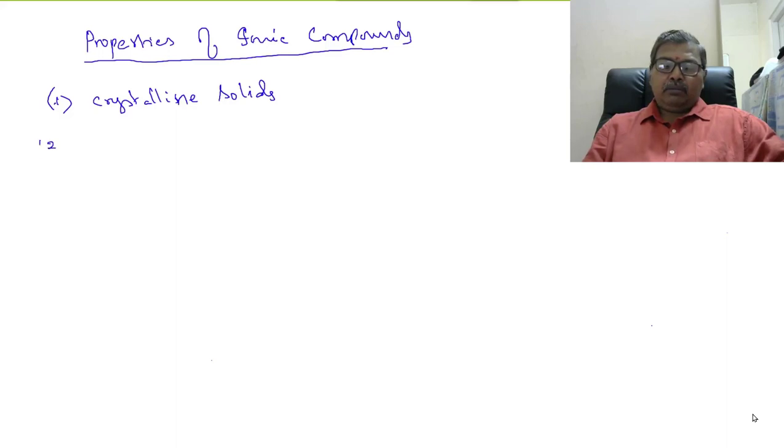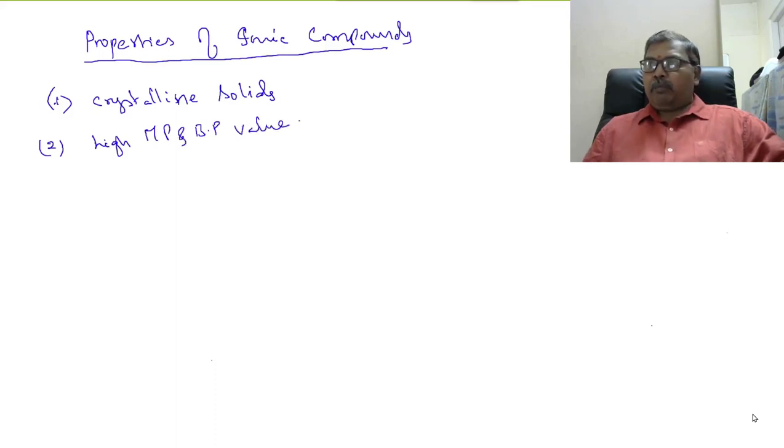Number two, ionic compounds have high MP and BP values. MP is melting point, BP is boiling point.